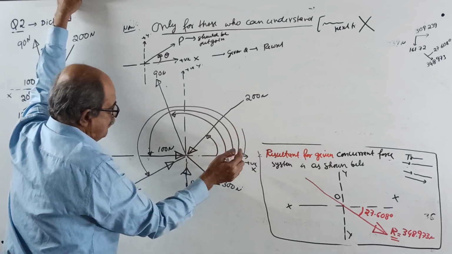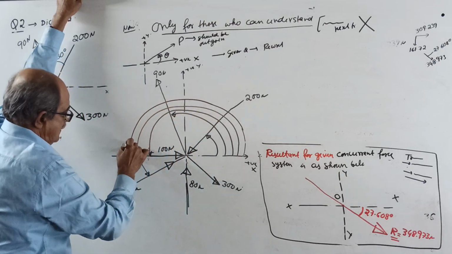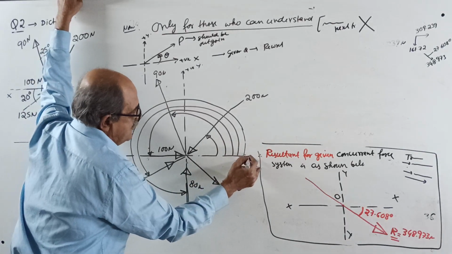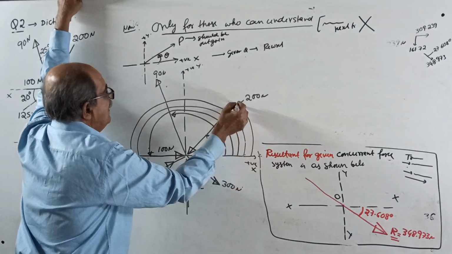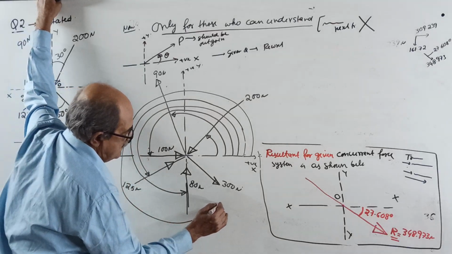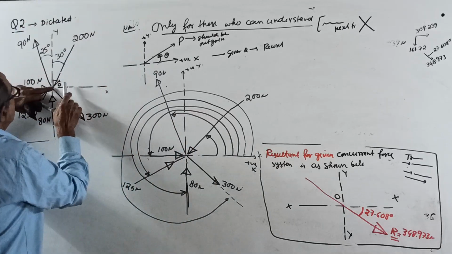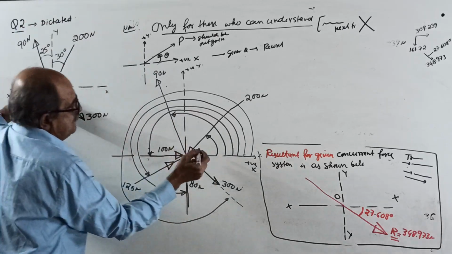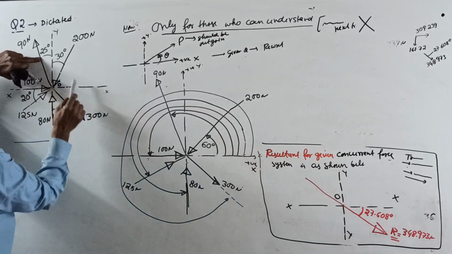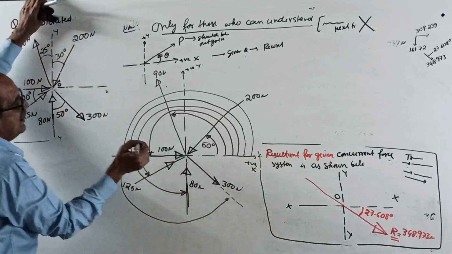1, 2, 3, 4, 5, 6 are there. One more is there. See, positive x. Start. 30 degrees means, 60 degrees. 90 plus 25, 115 degrees.